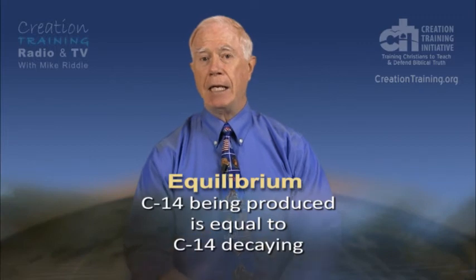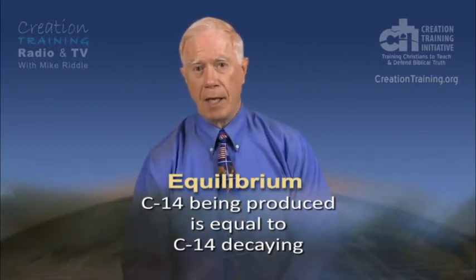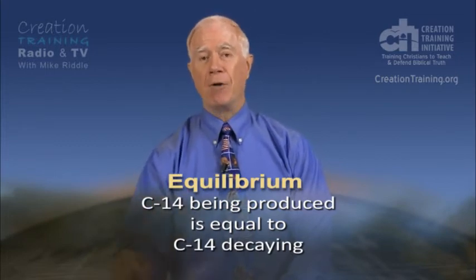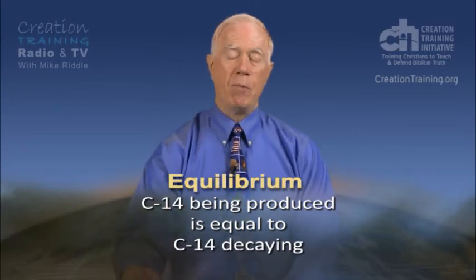Now the assumption is that the amount being added is equal to the amount that is decaying. That is called equilibrium. In other words, we have a steady amount of carbon-14 in the atmosphere all the time. The amount that's being added equals the amount that's being removed. Again, that is called equilibrium.